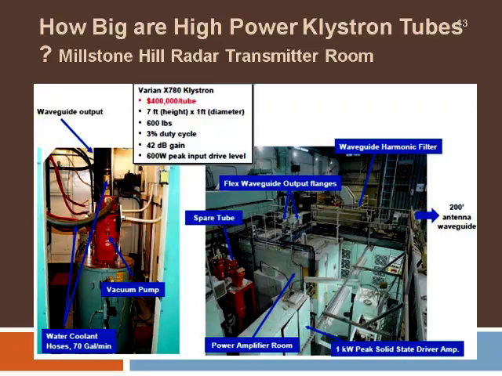This type of klystron is produced at very few locations in the world, and Varian company is a leader in this. The cost of the tube is given as $400,000 per tube, and the size is approximately 7 feet by 1 foot.